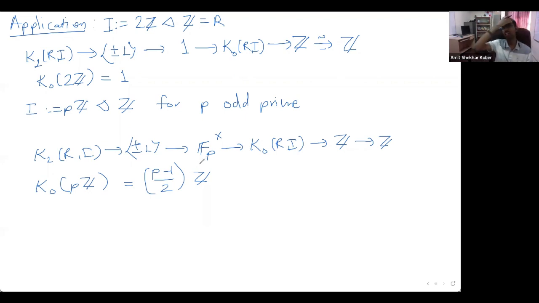You can do the same process by using properties of K1 and K0 as functors, what happens under direct product, and then you can consider general MZ, and you will also get at some place that it's going to be trivial, finite, not otherwise.